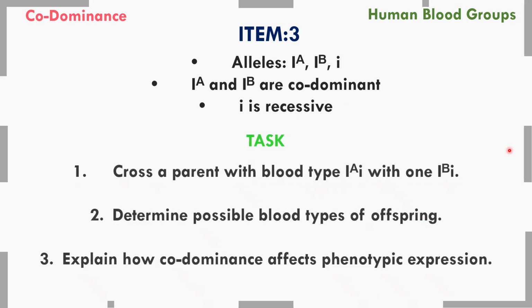Task. Cross a parent with blood type I^A i with one I^B i. Determine the possible blood types of offspring. Explain how codominancy affects phenotypic expression.